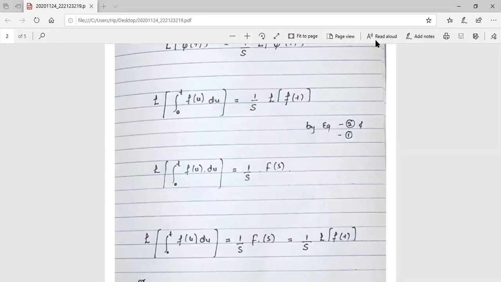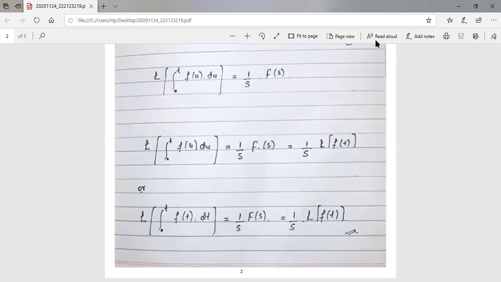So don't get confused here. Clearly, the Laplace transformation of integral over 0 to t of f of t dt is this function f of u.